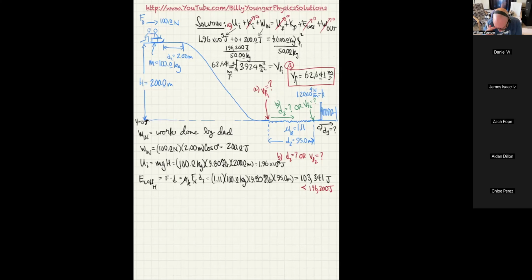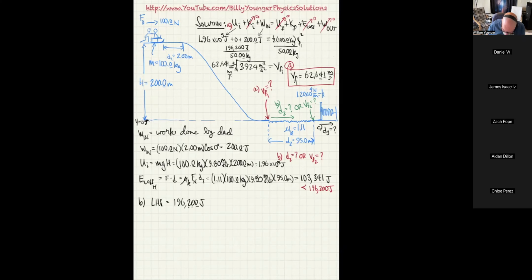So we're going to do that second scenario where I'm just going to say, look, I know the energy coming in was basically 196,200 joules. So for part B, the left-hand side is equal to 196,200 joules.